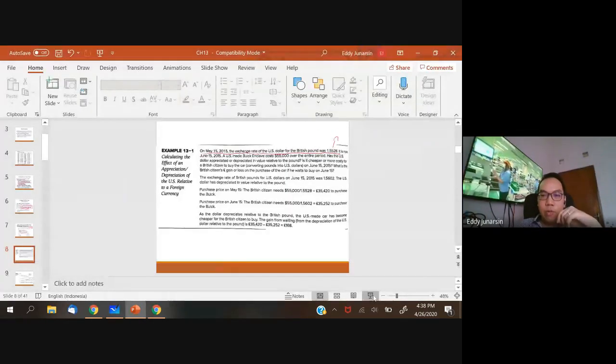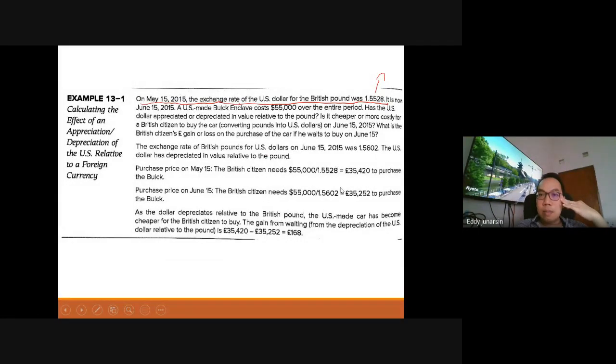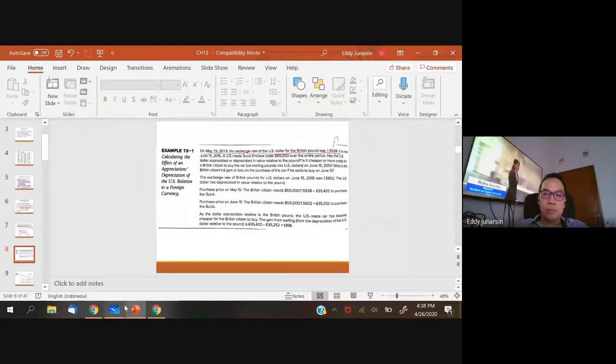Let's continue with the story. So on June 15, the exchange rate has been 156.02.